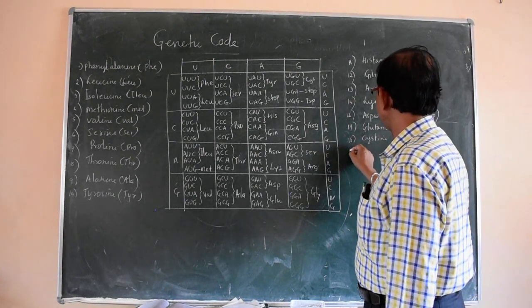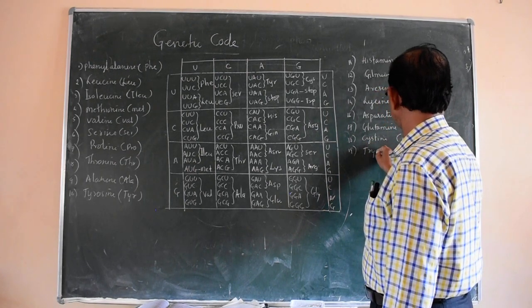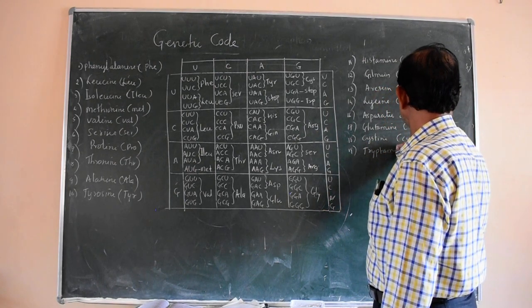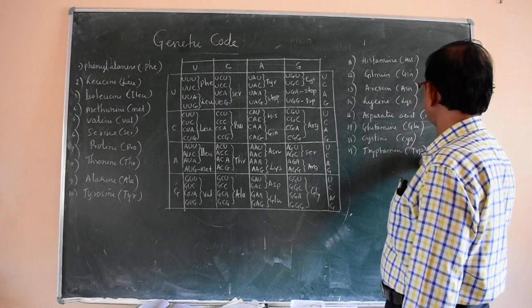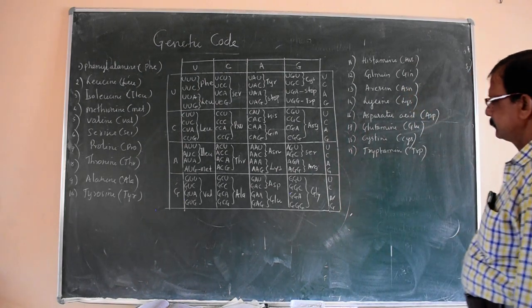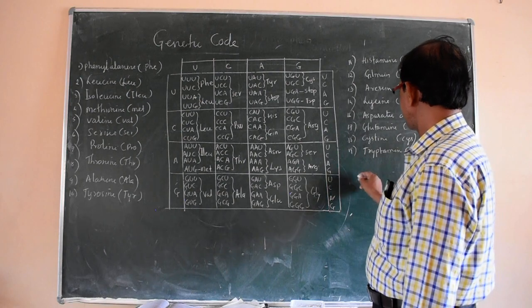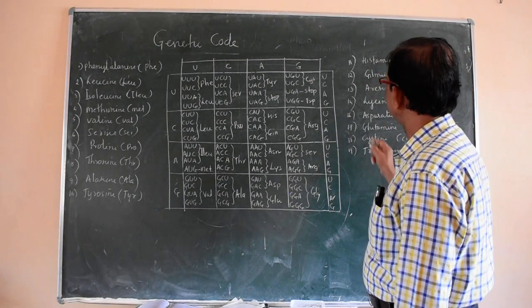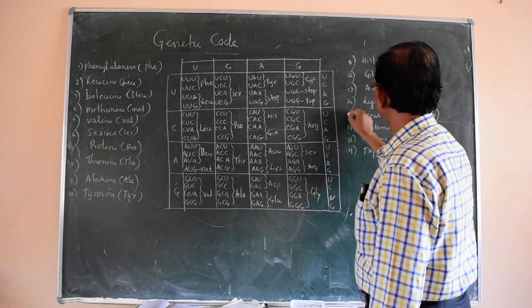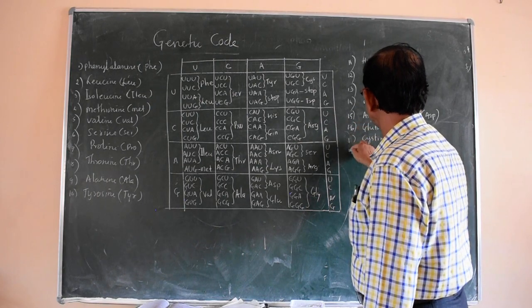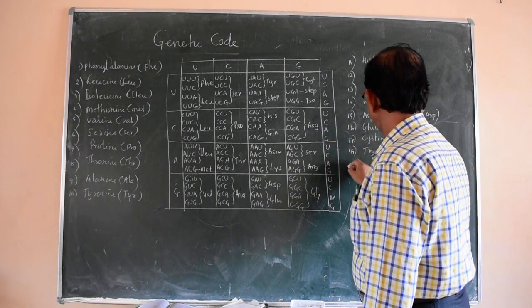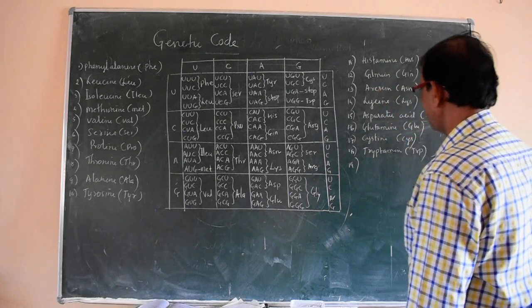Next, 19, tryptophan, it is TRP. Sorry, the numbering changed: 15, 16, 17, 18, 19. Tryptophan again, serine.